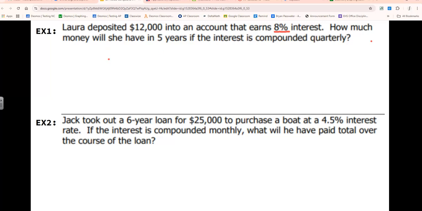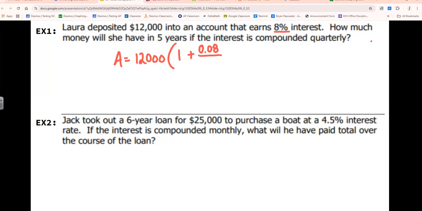So if we're using this formula, we will have A equals our principal, or our starting amount, $12,000. And then we're going to do 1 plus our rate as a decimal, which is 0.08, divided by the number of times compounded per year.